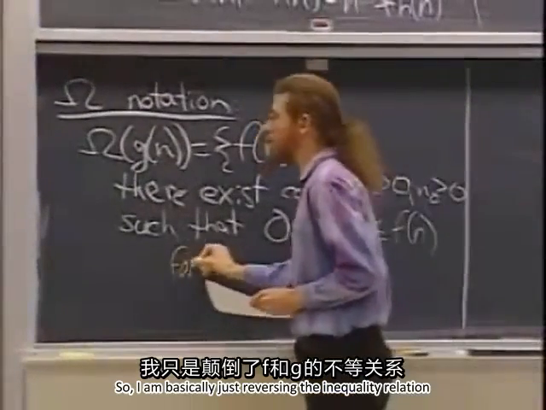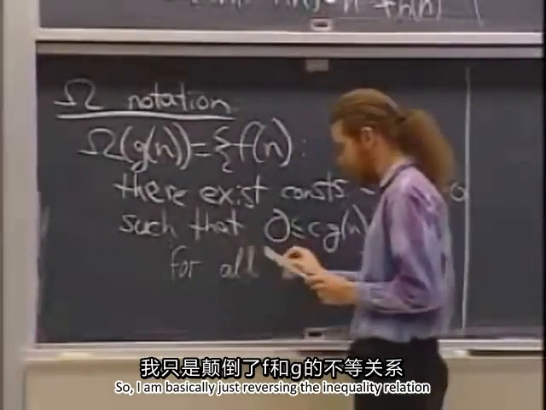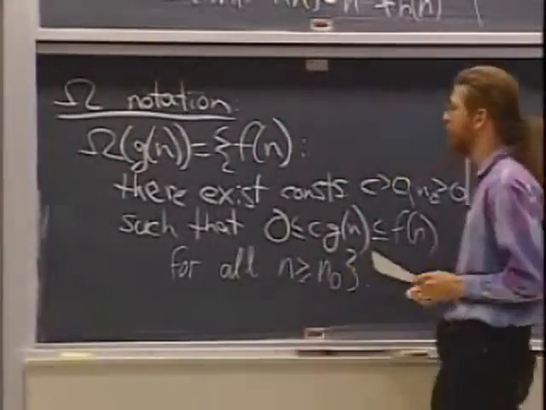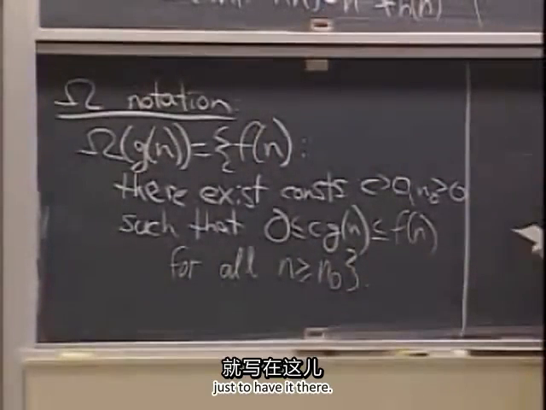So I'm basically just reversing the inequality relation between f and g. Nothing surprising, but just to have it there.